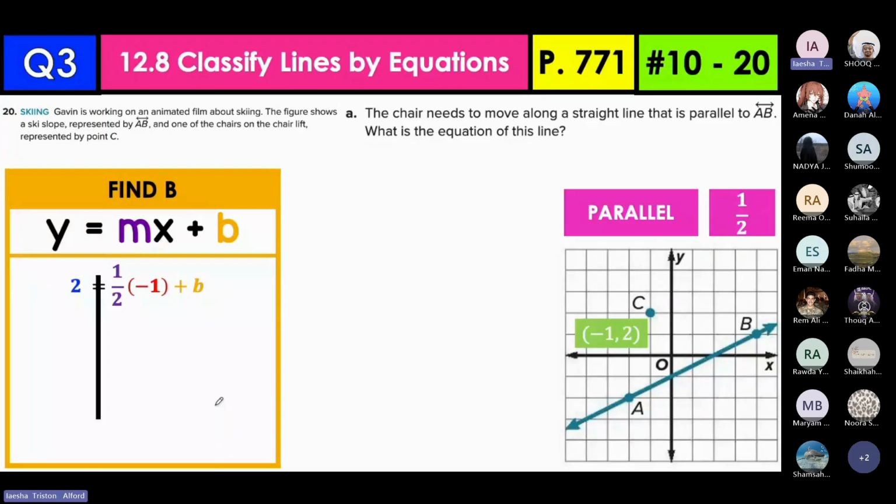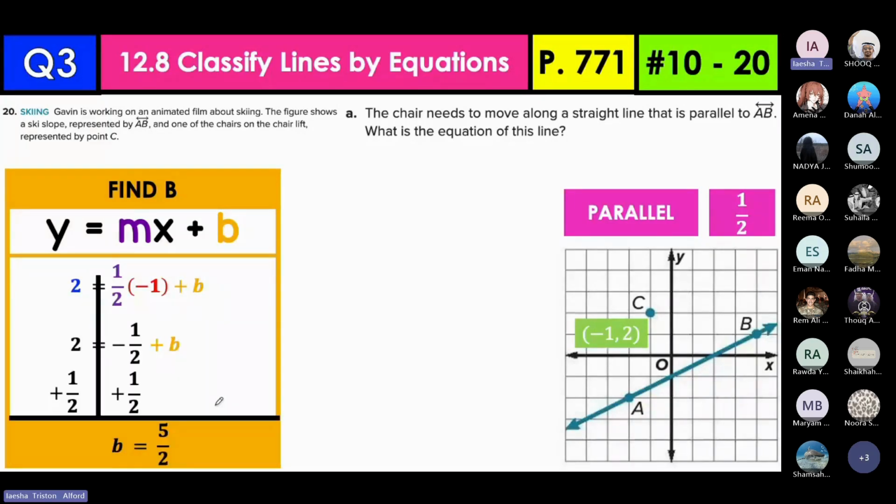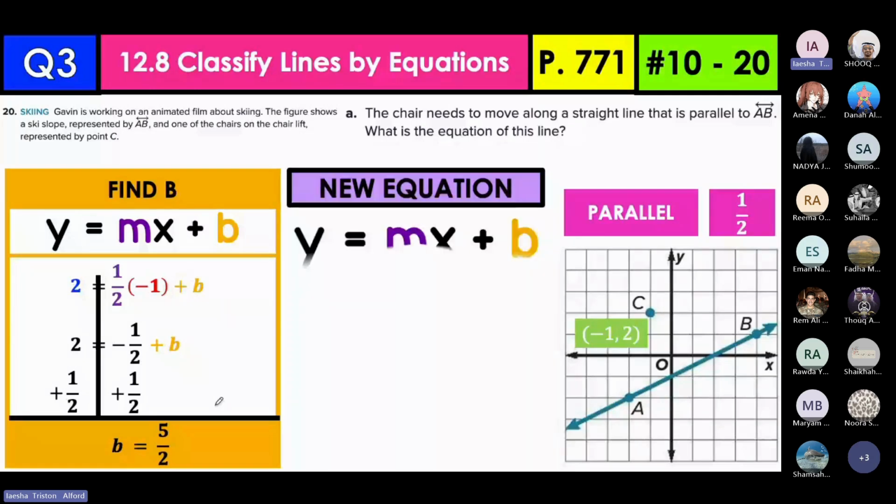So this one you just solve, you get b is positive 5/2. Remember, we wanted y equal mx plus b. So you're not writing m, it should be positive 1/2. You're not writing b, should be positive 5/2. Same equation.